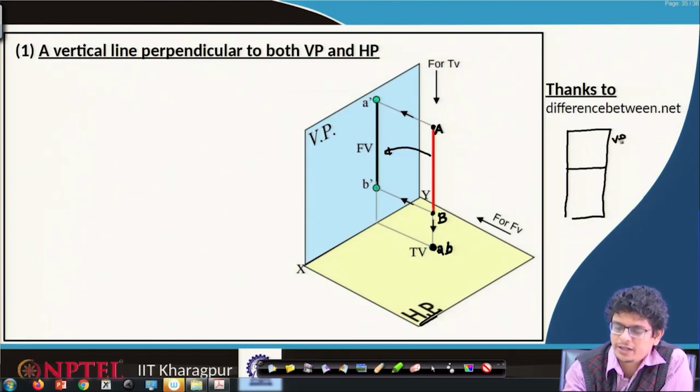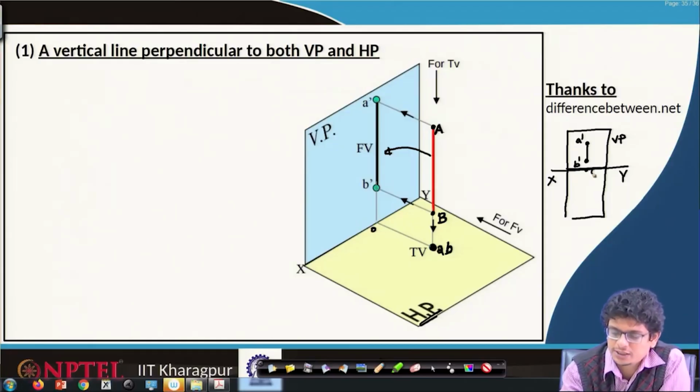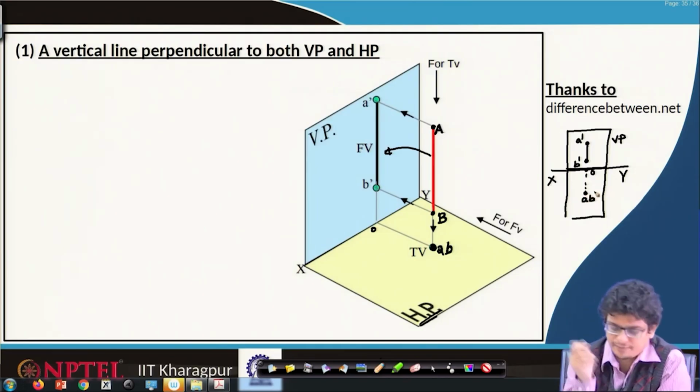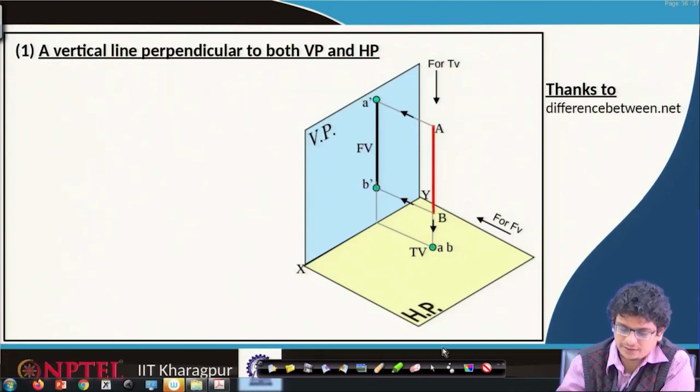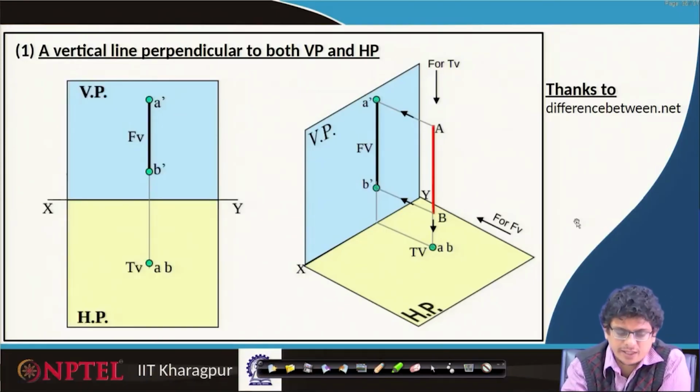If we are showing this in two dimensions, this is the vertical plane, this is the axis xy, and we have a line A prime B prime there, at a location away from the origin. So this is the origin, and somewhere here is the projected AB line.